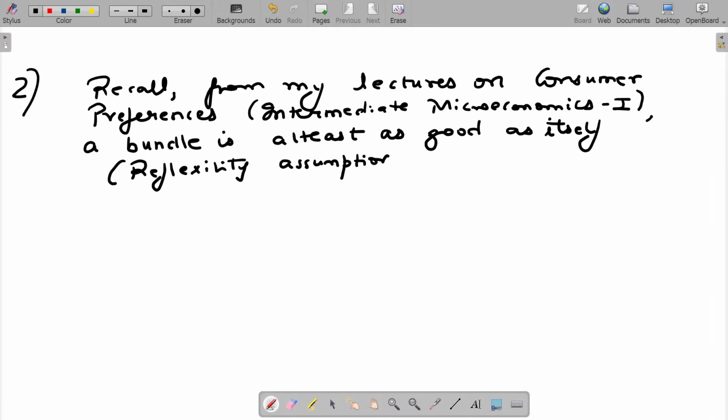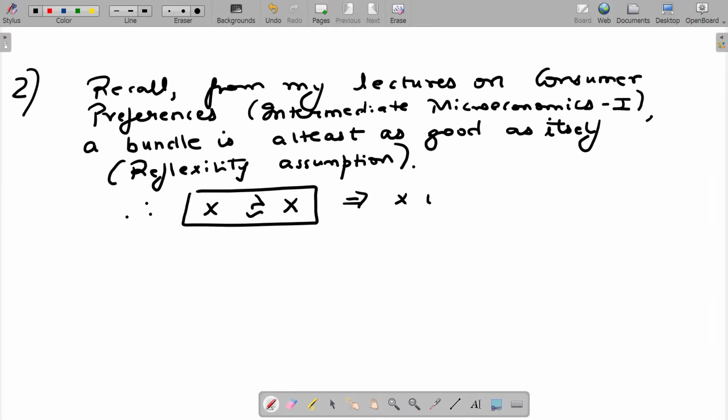So I can say that a bundle X is therefore weakly preferred to itself, which also implies that X is indifferent to itself, because weakly also includes the indifference part, right? So X is indifferent to itself. Remember, at least as good as also includes the indifference.